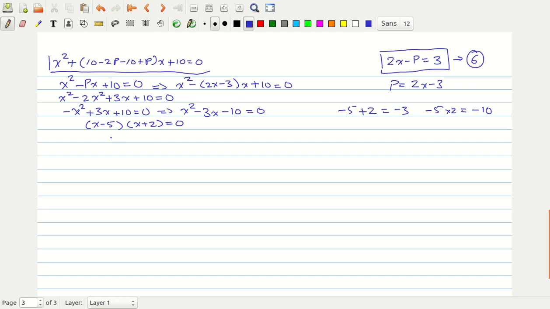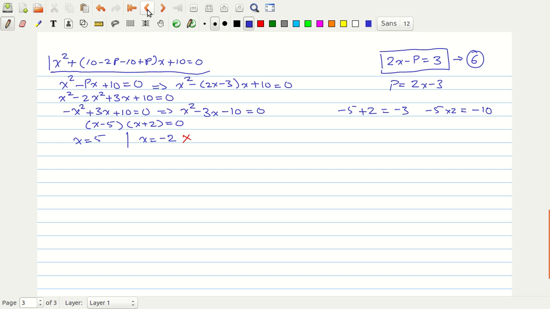So, we have x is equal to 5 or x is equal to minus 2. Now, x is equal to minus 2 is a redundant answer. So, this is meaningless. X is equal to 5 is a meaningful answer.